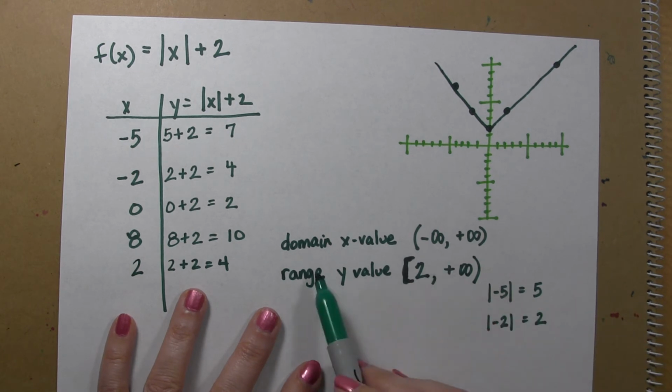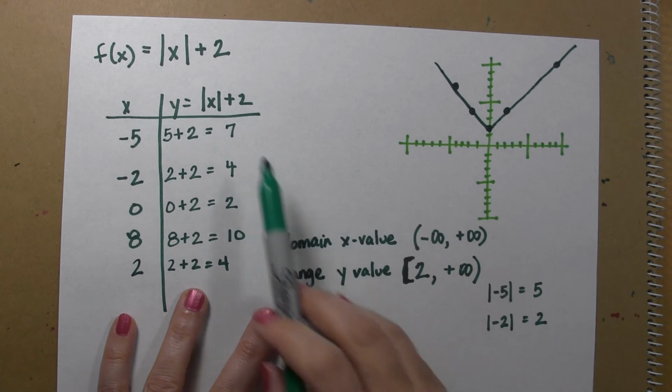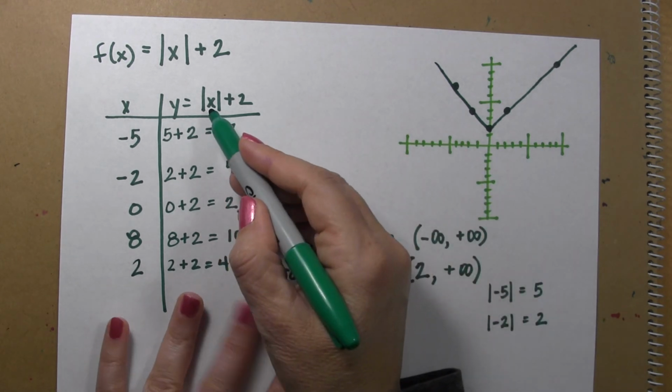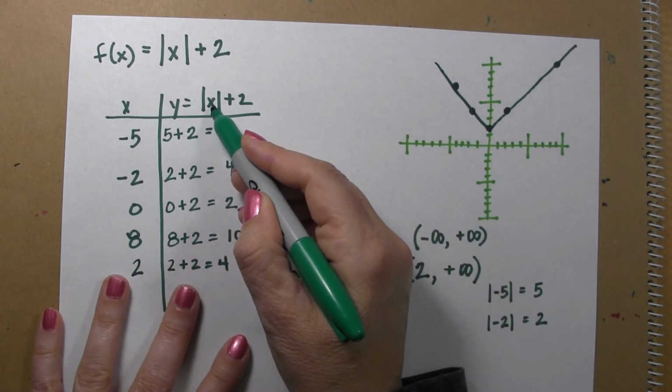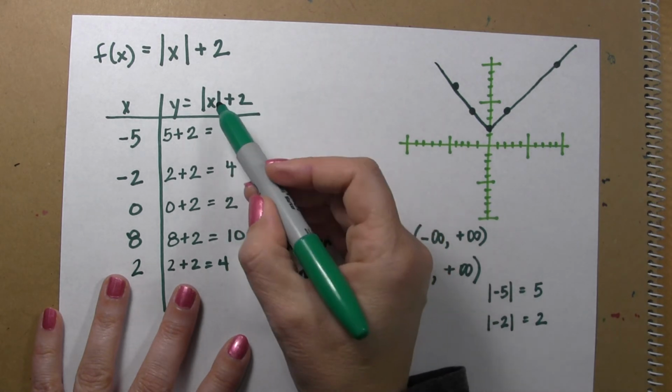Here's another way to think about it. If you take x, because you're taking the absolute value, this is always going to wind up being a positive number, right? Because once you take the absolute value of something, you get a positive number.